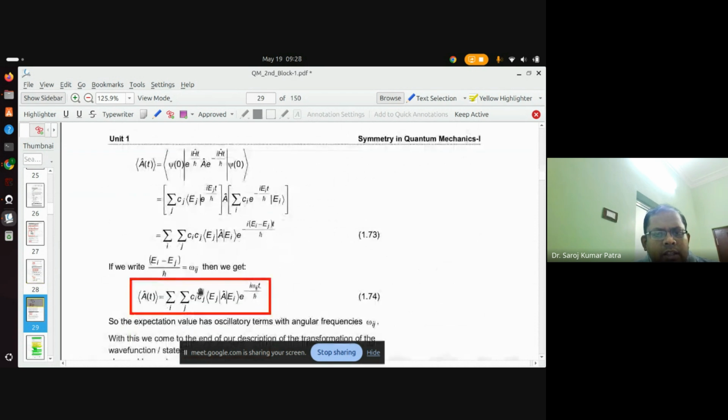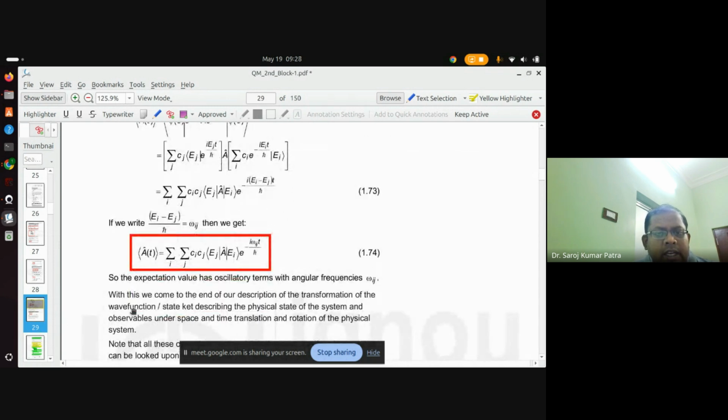So you get this coefficient, summation over i, summation over j, ci cj, then going from state i to state j: <ej|A|ei> e to the power minus i omega ij t by h cross. So what is omega ij? The expectation value has an oscillatory term with angular frequency omega ij.